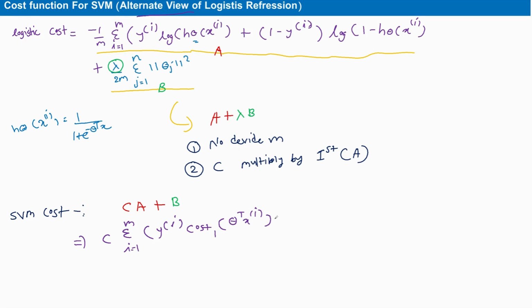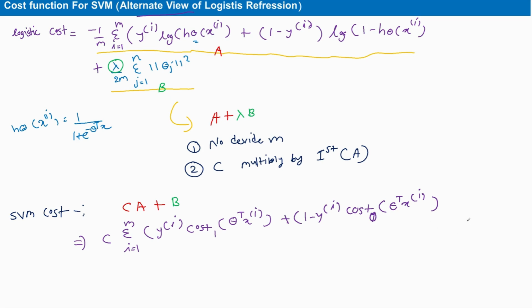Then plus 1 minus y i, which is for when y is equal to 0, so cost when y is equal to 0 for theta transpose x i. So this is overall our A term.